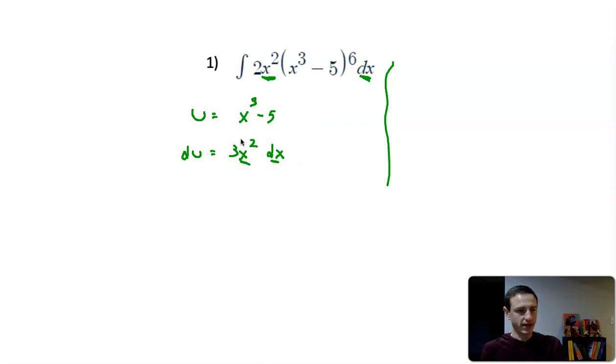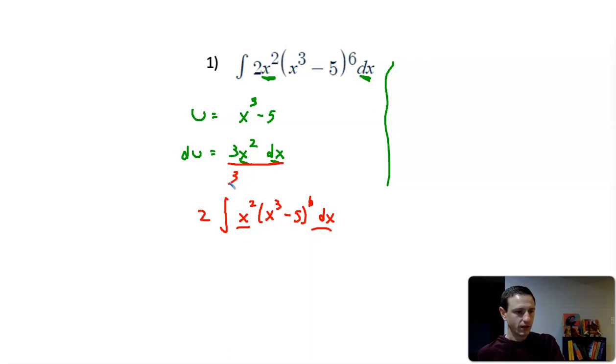So now, how do we deal with these constants? What you could do is rewrite this as 2 times the integral of x squared times (x to the third minus 5) raised to the 6th, just showing you the process here. So if I have 3x squared dx, I can divide by 3. So what I end up with is x squared dx equals du over 3. So this x squared dx is going to substitute out for du over 3.